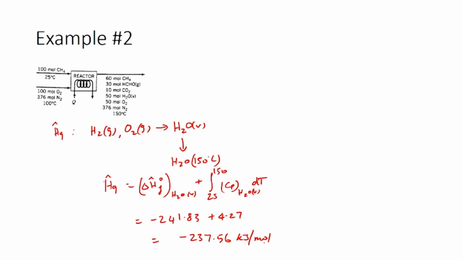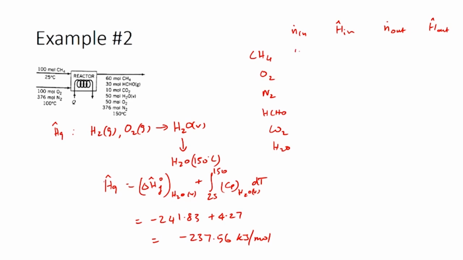Now we have all the specific enthalpy values. We can fill out the table and calculate delta H dot. The enthalpy table will basically look like this: methane, oxygen, nitrogen, formaldehyde, carbon dioxide and water, with N dot in, H cap in, N dot out and H cap out.